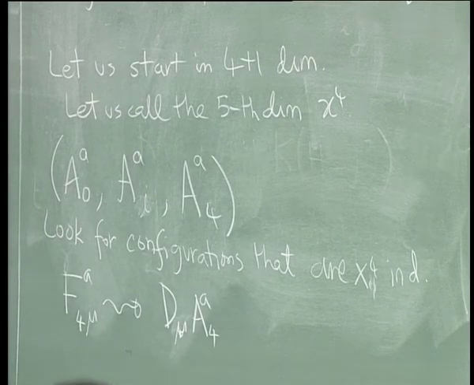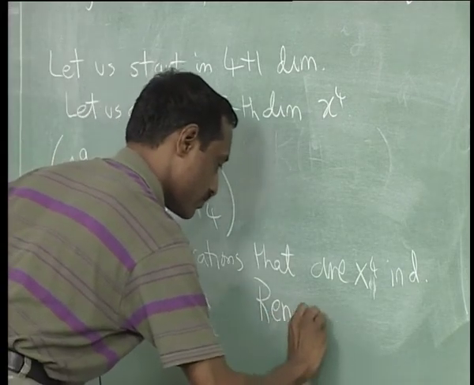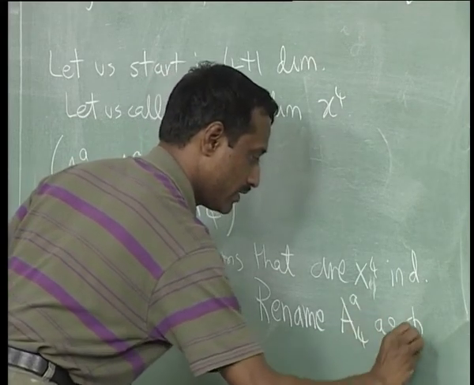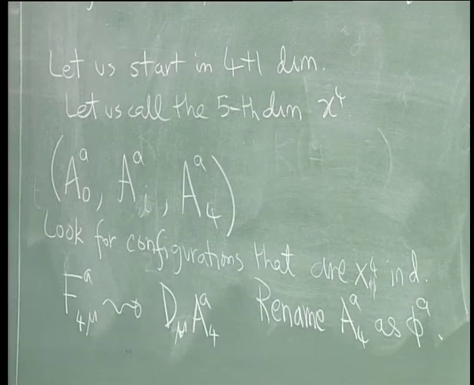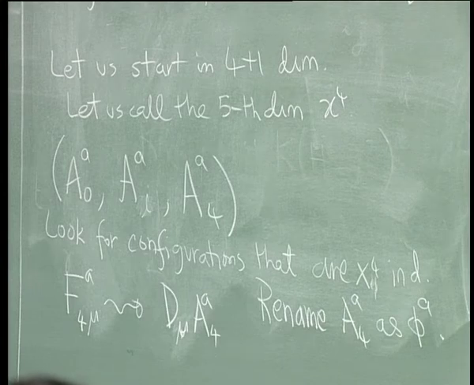Exactly like we did before, if I just go ahead and rename A4A as phi A, then what would you see?